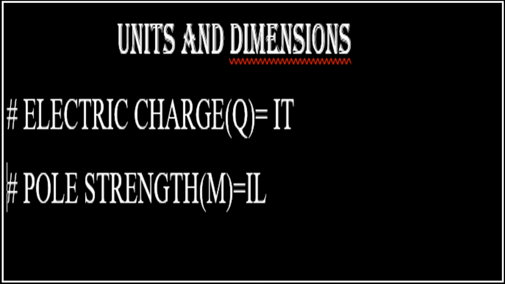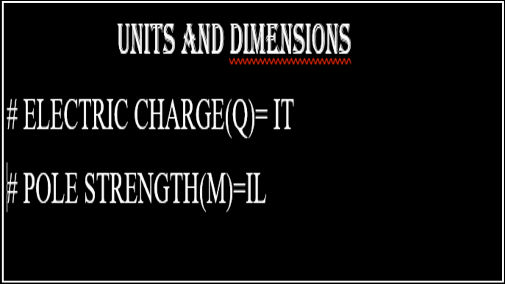We can write Q equals I into T. We have many formulas, but writing I and T saves your time. If you write I and T, both are fundamental quantities. I is the current, T is the time. Both are already in fundamental terms, so the time will be saved.